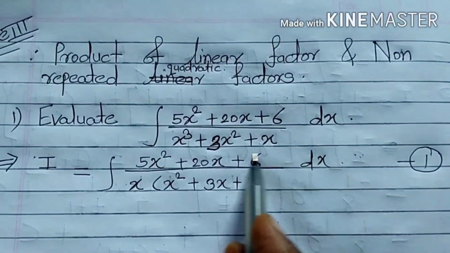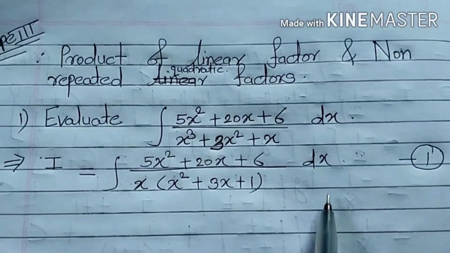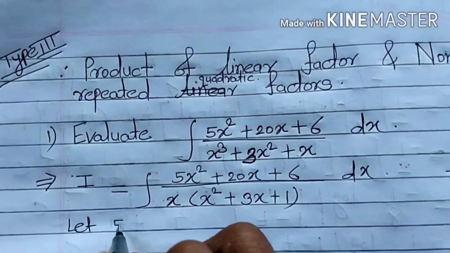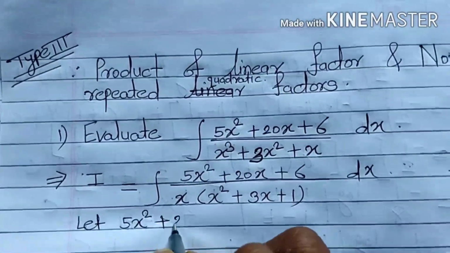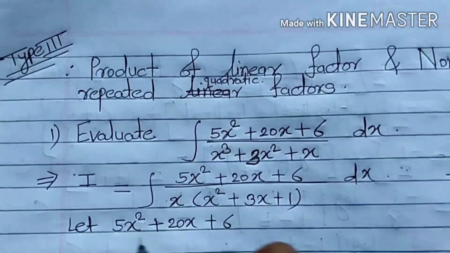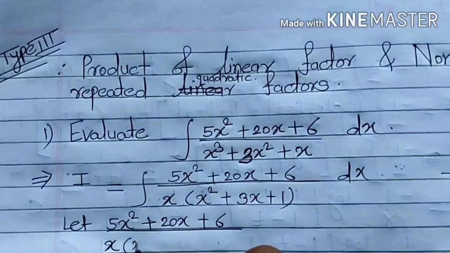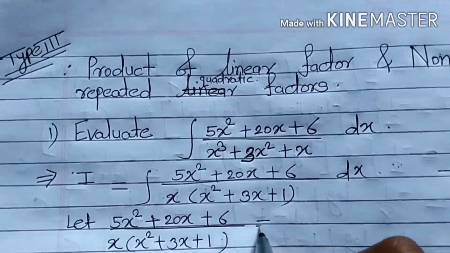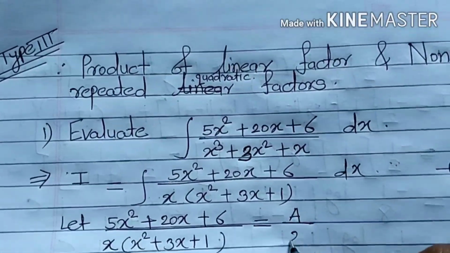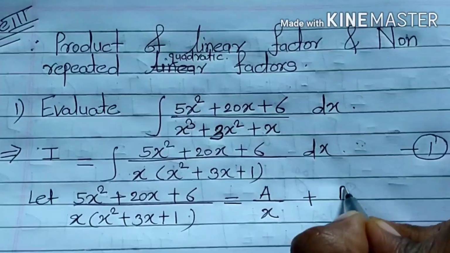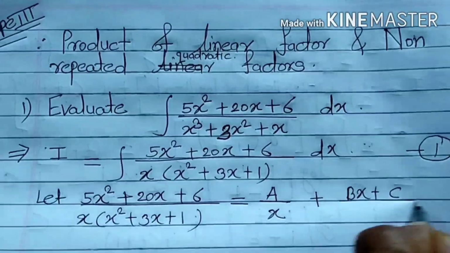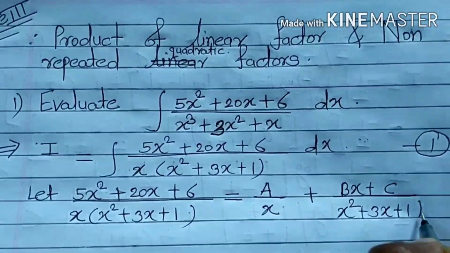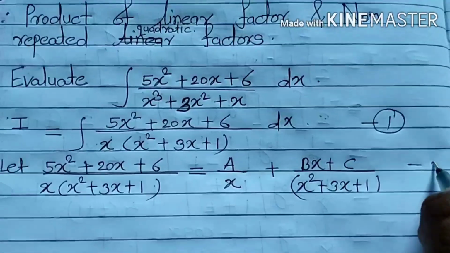Now it is rational form, we have to convert into partial form. So let (5x square plus 20x plus 6) upon (x square plus 3x plus 1), which is equal to a upon x plus (bx plus c) upon (x square plus 3x plus 1). Give it equation second.